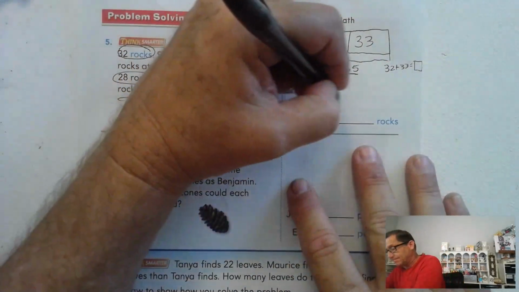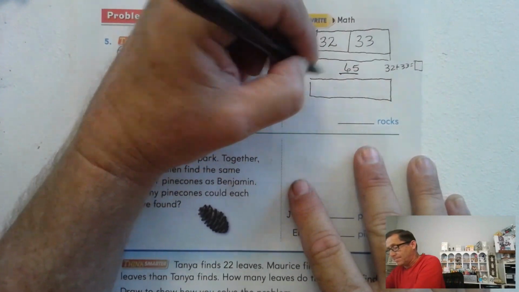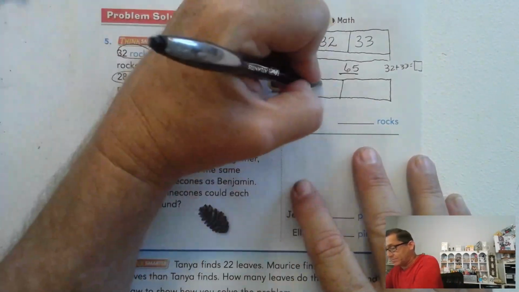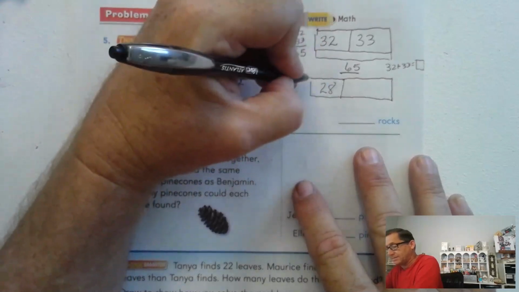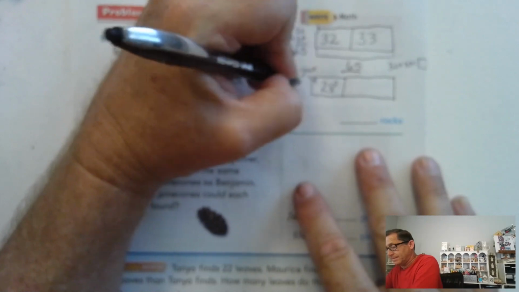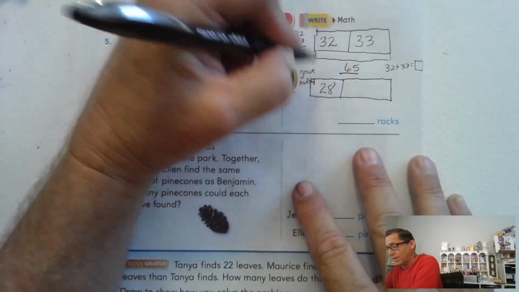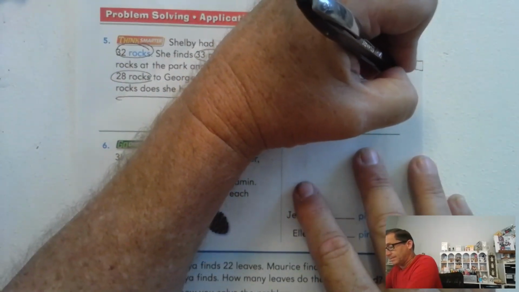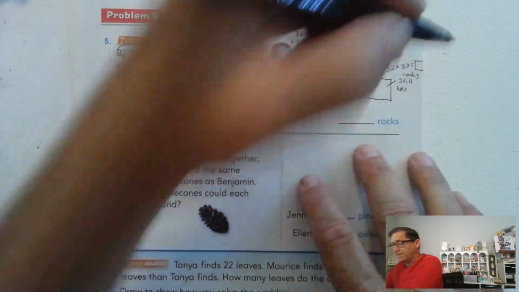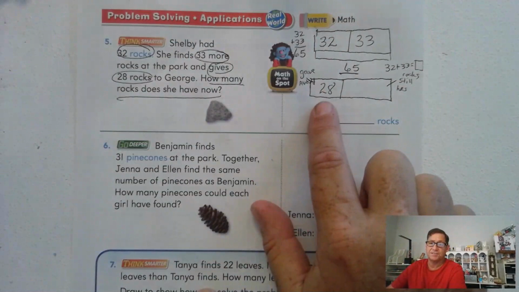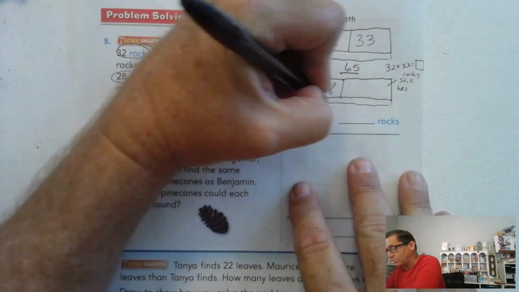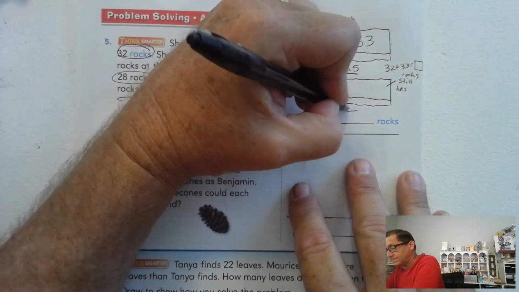But she gave 28 rocks away. So I'm going to say gave away. So 28 rocks that she gave away plus the rocks that she still has to equal 65.